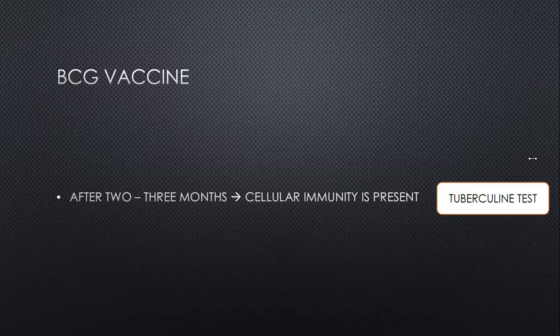I don't know, but what I know is that you have to read the result in 48 hours, I think. Yes, you have to wait some defined time. However, when do you say it is a positive test or negative test?